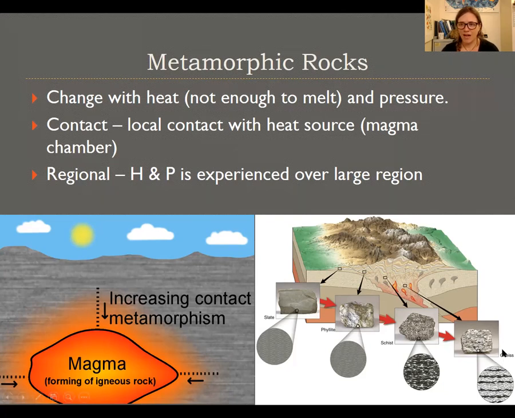This is a rock that actually formed from a shale or siltstone at the surface, and it looks nothing like that anymore as a result of these pretty severe chemical changes that have occurred inside the rock as it has been exposed to these high temperature and pressure environments.